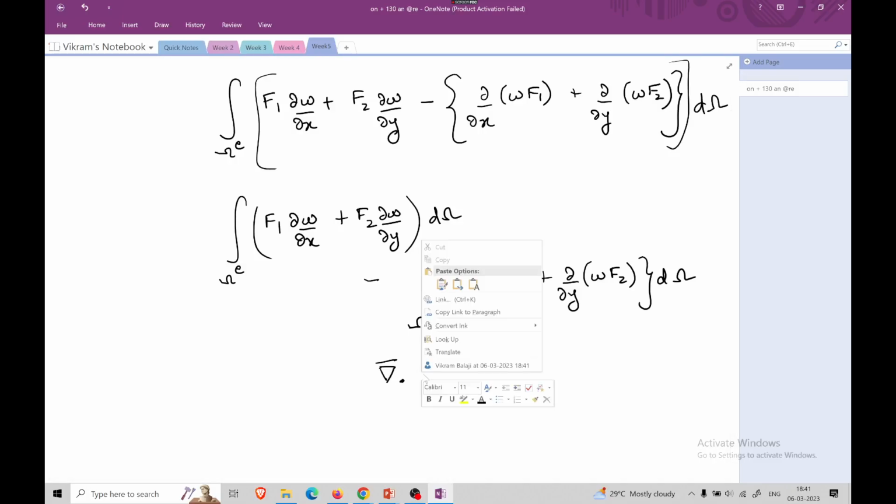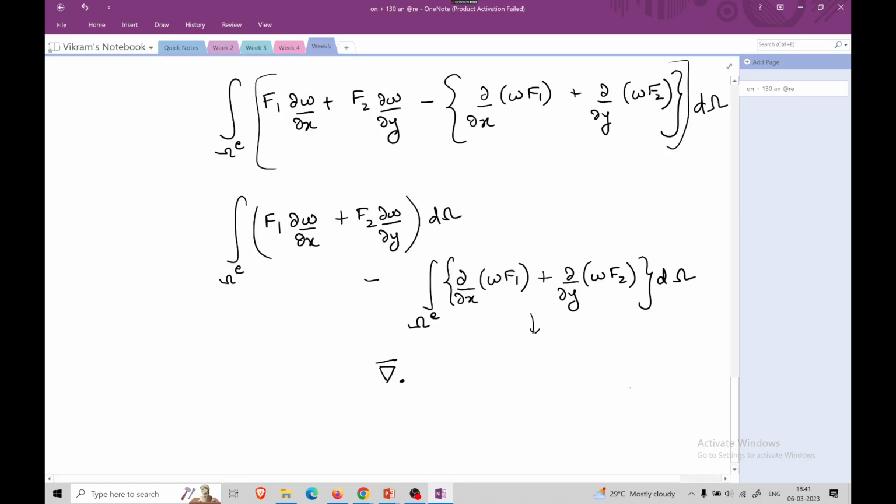Del dot W F. So what does this mean? This means ∂/∂x i cap plus ∂/∂y j cap, dot product with W f1 i cap plus W f2 j cap.